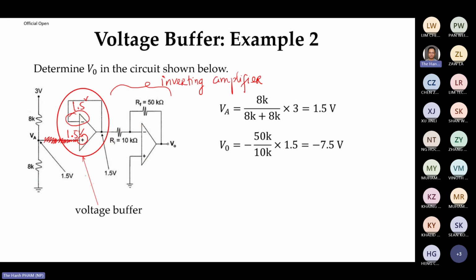If you don't have the buffer, then the scenario is different. Why? Because look at this. This one can be Thevenin converted to 1.5 and 8 parallel with 8. We have 4K. Then it's linked to this 10K, right?